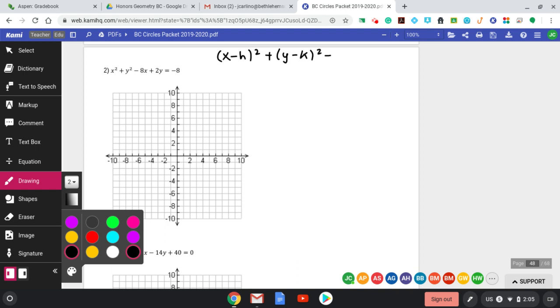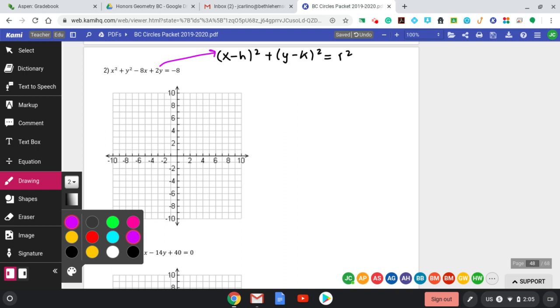And they're still asking you to graph it, which still means you need to find what the center and the radius are, right? So here's what we're going to have to do. We're going to have to make this equation look like that one. How in the world are we going to do that?